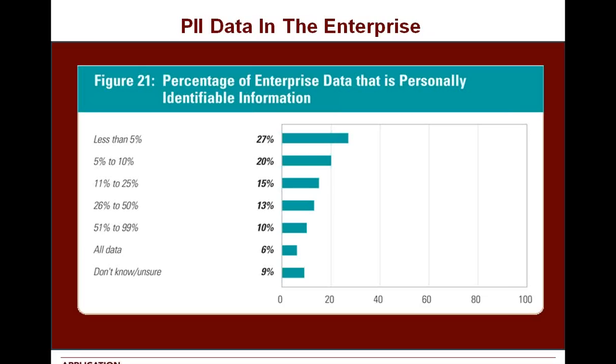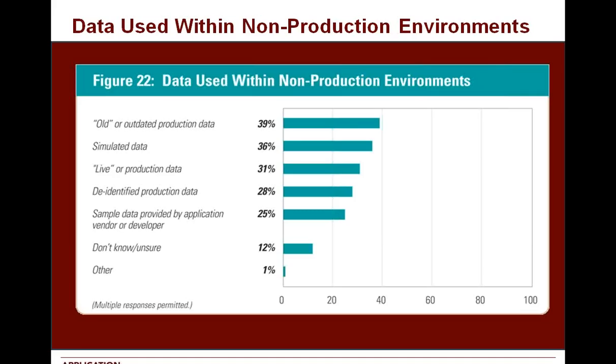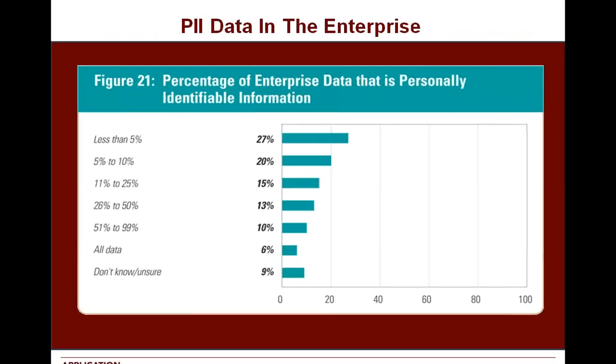Now, we also talked about personally identifiable information within the enterprise. We mentioned that close to a third of our respondents are worried about the security of their data, and similarly, we find that also close to a third, about 29% in total, say that a substantial portion of their enterprise's data consists of personally identifiable information.